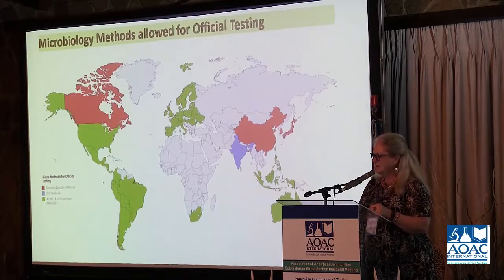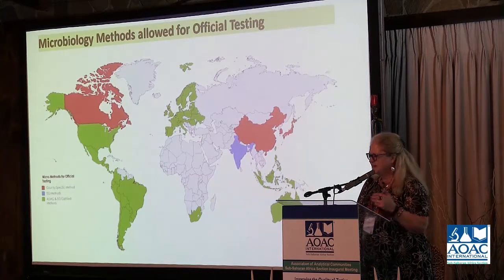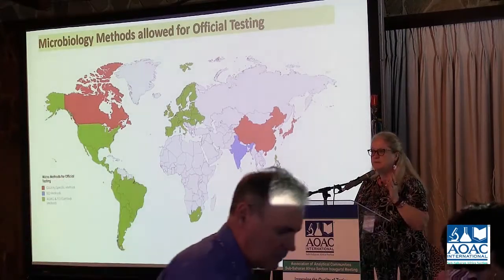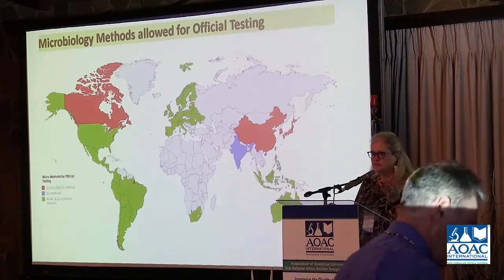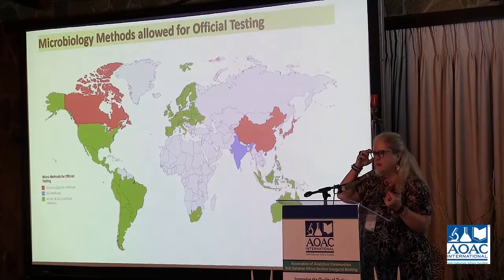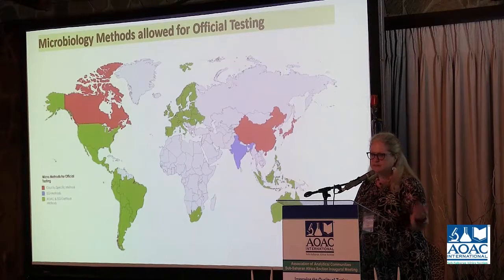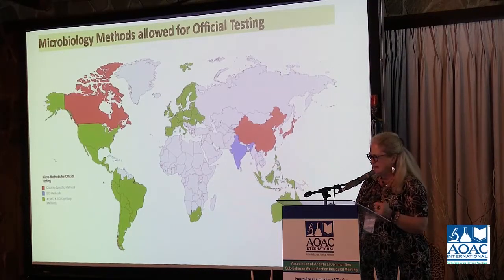And then these are microbiology methods that in green the country allows for other methods. So the US, for example, has its own methods, but they also allow the use of other methods if they've been shown fit for purpose to meet the US regulations. And the same thing in Latin America.